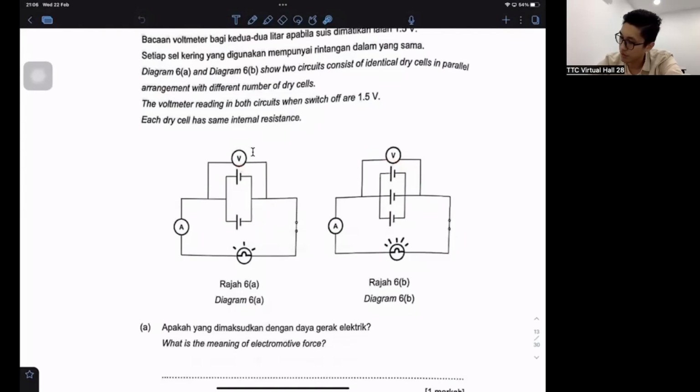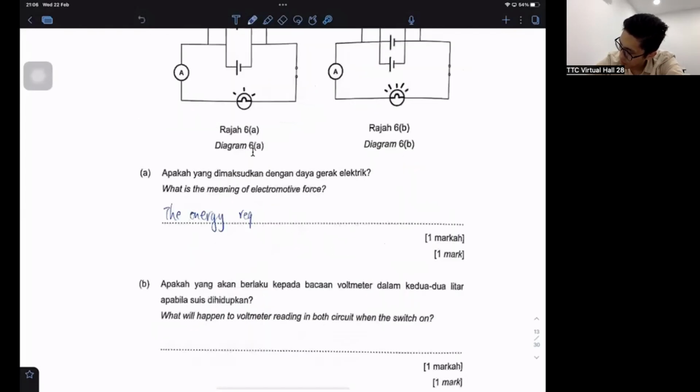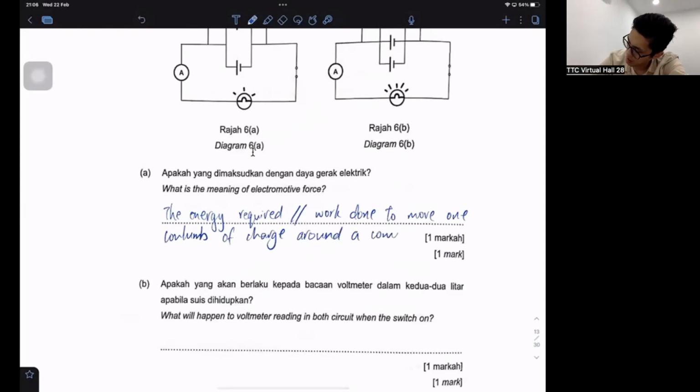So again, electromotive force is the energy required or the work done to move 1 coulomb of charge around a circuit, around a complete circuit. How much energy you need to push the charge 1 whole round.